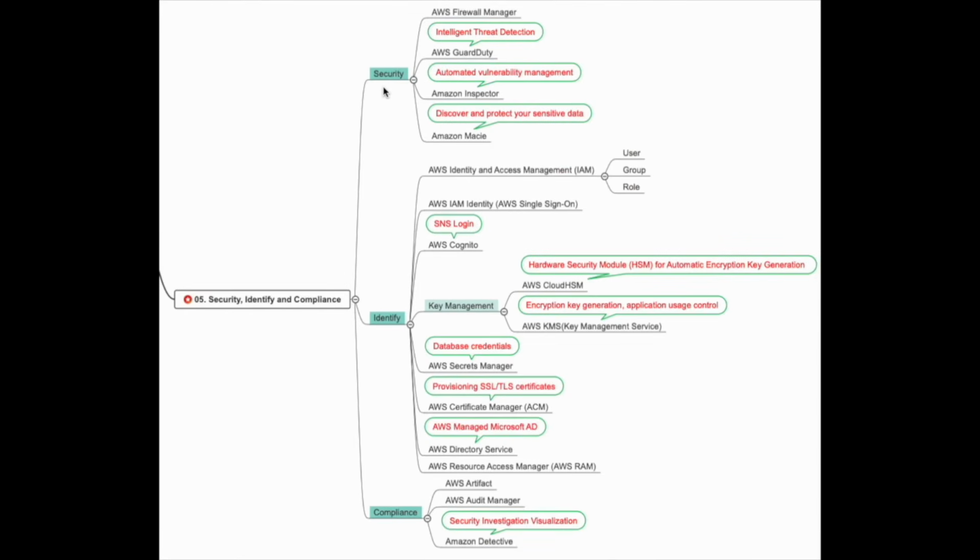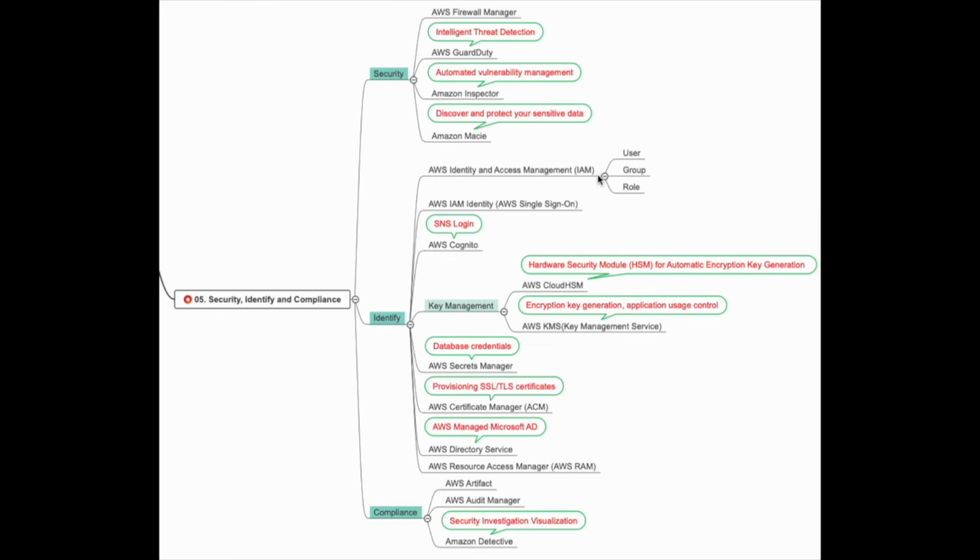The fifth service topic is about security, identity, and compliance. Security-related services are services that help with firewall management and cloud security. They include AWS Firewall Manager, AWS GuardDuty, Amazon Inspector, and Amazon Macie. In the identity section, there is IAM, which is the most important service for AWS authentication. IAM is a concept that is also used in other public clouds.